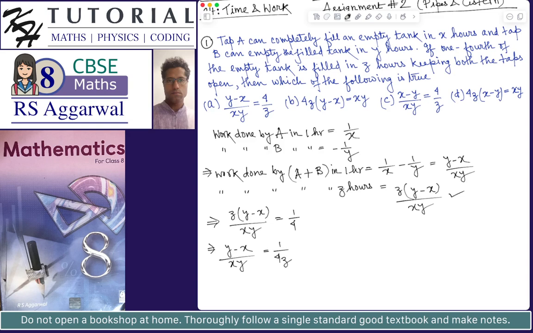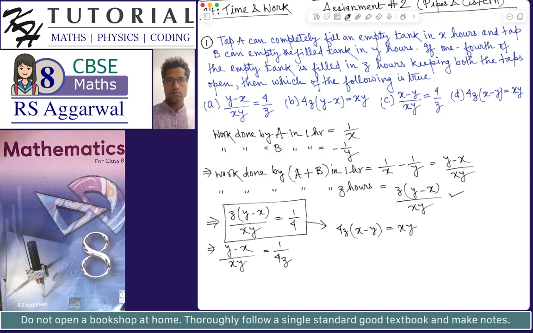So choice A is definitely not correct. Choice B: we have this relation. From this, by doing cross multiplication, we will also get 4z multiplied by (x minus y) is equal to xy.